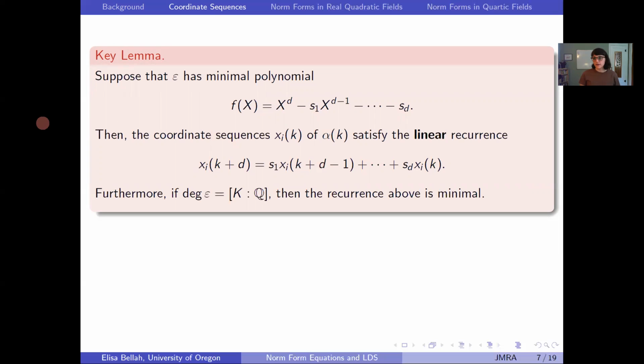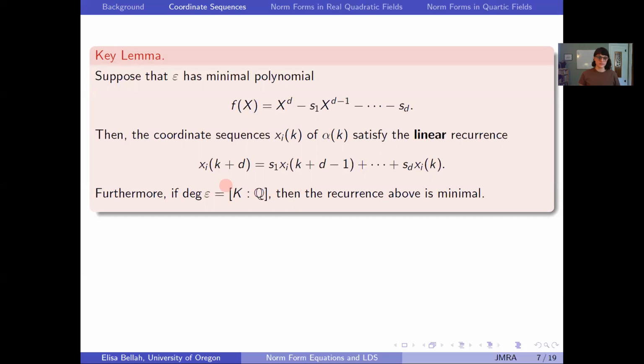And furthermore, if the degree of your unit is the degree of the number field, then this recurrence is actually minimal. So this lemma tells you two nice things. First of all, it tells you that all of these coordinate sequences are linear recurrent sequences, and they all satisfy the same recurrence. And secondly, when the degree of the unit is big enough, then it tells you the order of the recurrence.